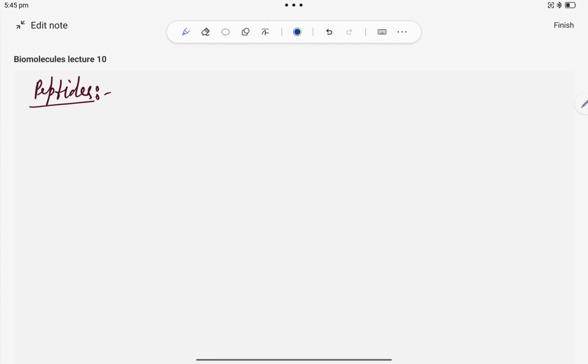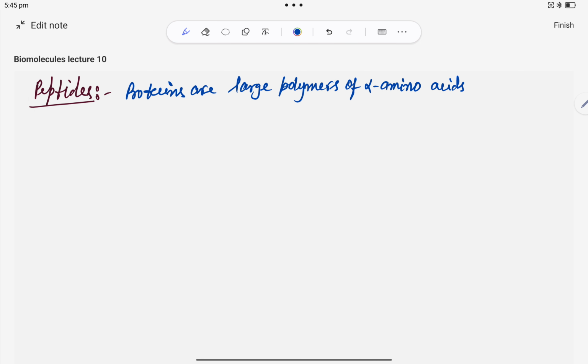Proteins are large polymers of alpha amino acids, and such small polymers are called peptides.